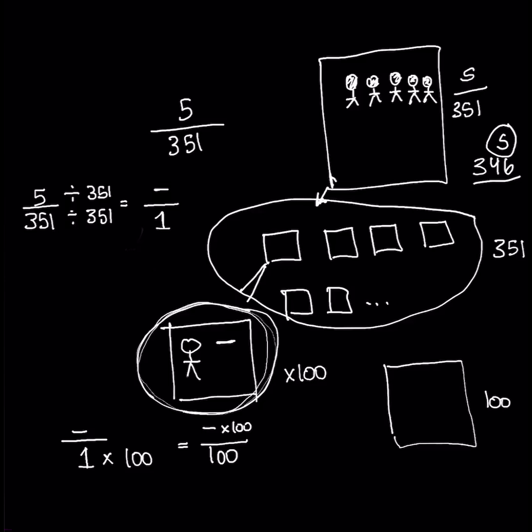Now, let's actually do the math and find out exactly how many sick people we'd have here. So what we do is we go back and we say, okay, 5 divided by 351. So 5 divided by 351 equals a sliver, and the sliver is 5 divided by 351. That's 0. Let me erase this.